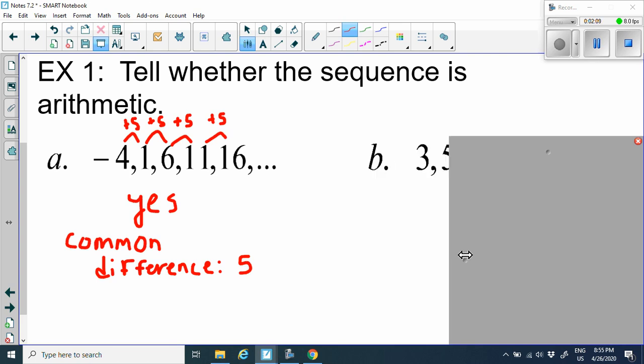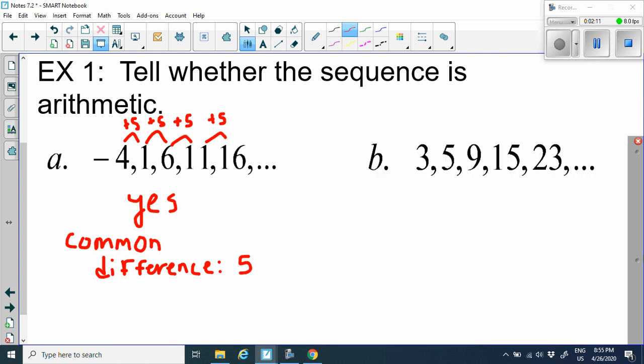Okay, go ahead, try part B on your own. Pause the video and go ahead and try part B. Okay, let's go ahead and do this one together. To go from 3 to 5, it looks like we had to add 2. 5 to 9, we had to add 4. 9 to 15, we had to add 6.